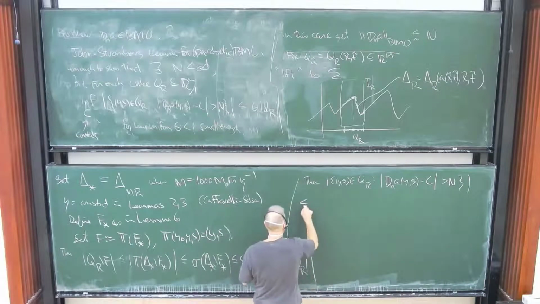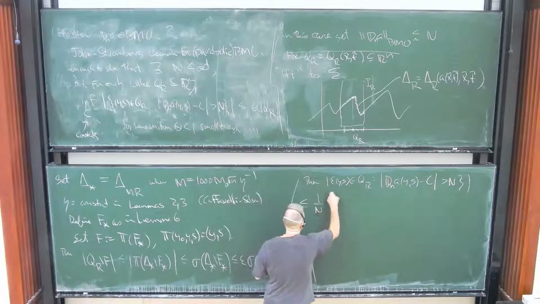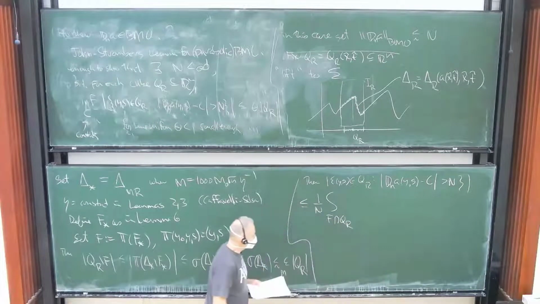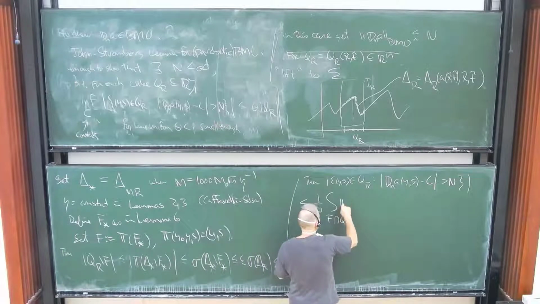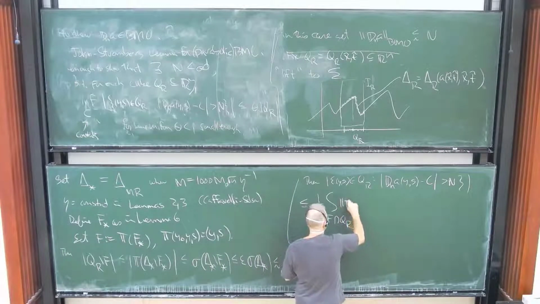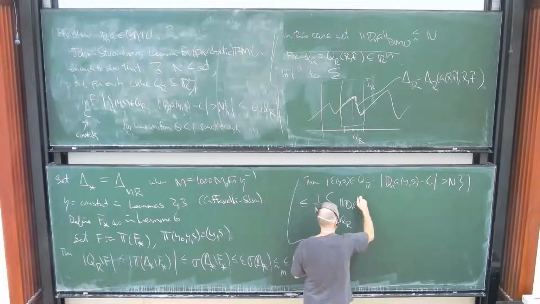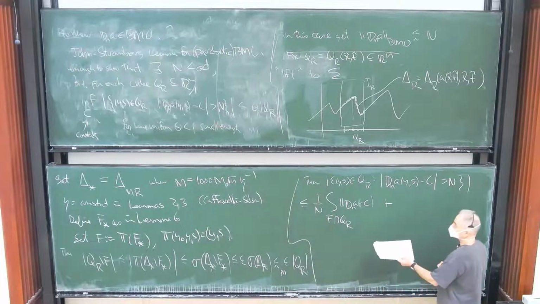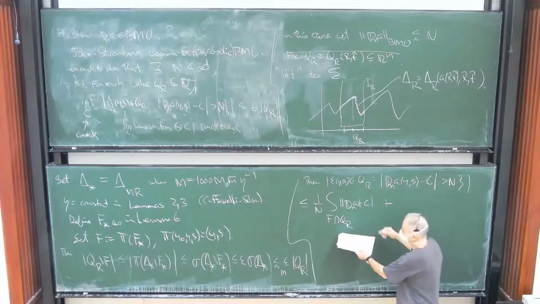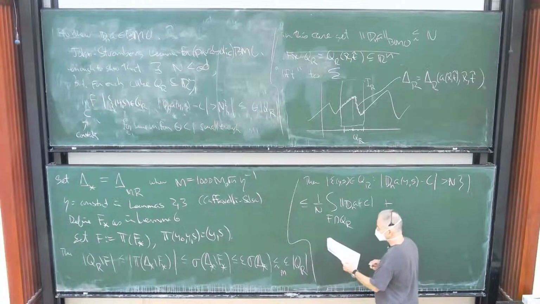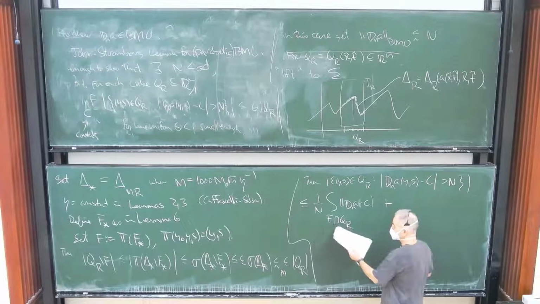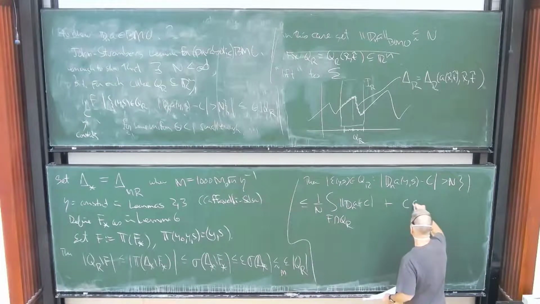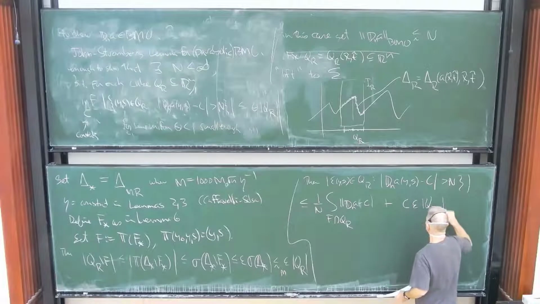This is going to be less than or equal to 1 over n times the integral over F intersect Q_R of |d_{NA} minus c|, plus then just crudely dominate the other part by the measure of the complement of F, which is at most this. Okay.